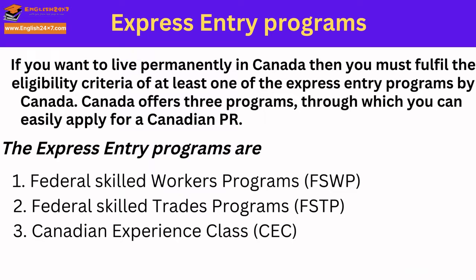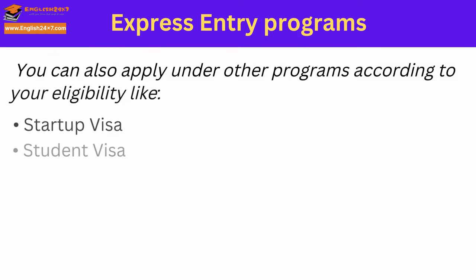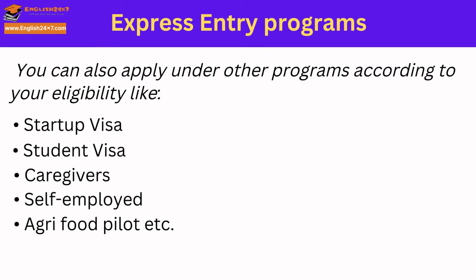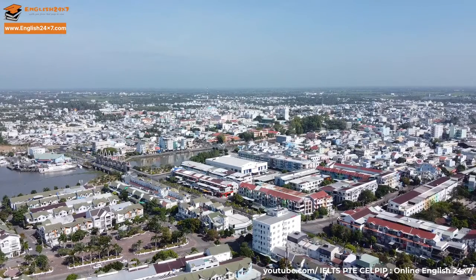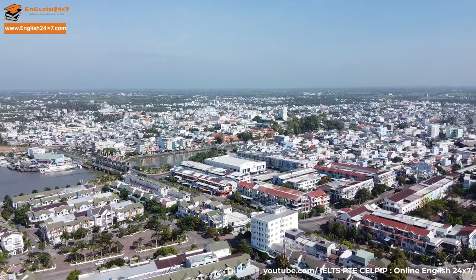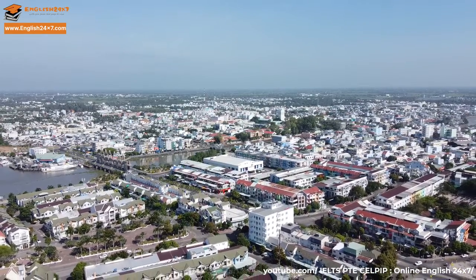Federal Skilled Trades Program, Number 3. Canadian Experience Class. You can also apply under other programs according to your eligibility like Startup Visa, Student Visa, Caregivers, Self-Employed, Agri-Food Pilot, etc.